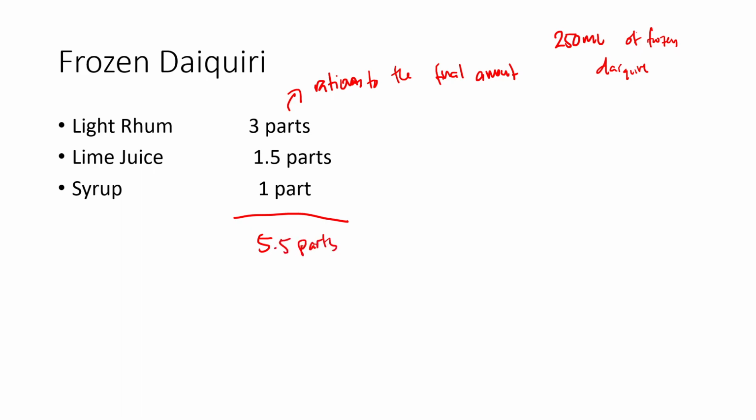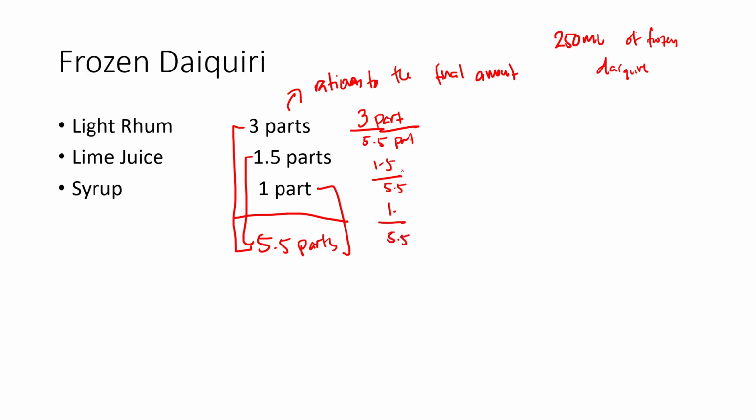Once you have the total amount of parts, divide the part of the ingredient, 3 parts, over 5.5 parts. Since this is also a ratio, 3 is to 5.5, 1.5 is to 5.5, and 1 is to 5.5. These are all in parts, they will cancel out, and simply multiply by the final amount. So the final amount is 250 ml.